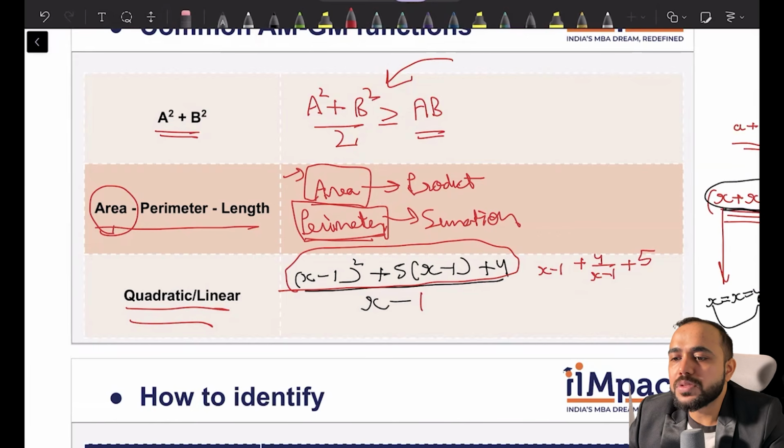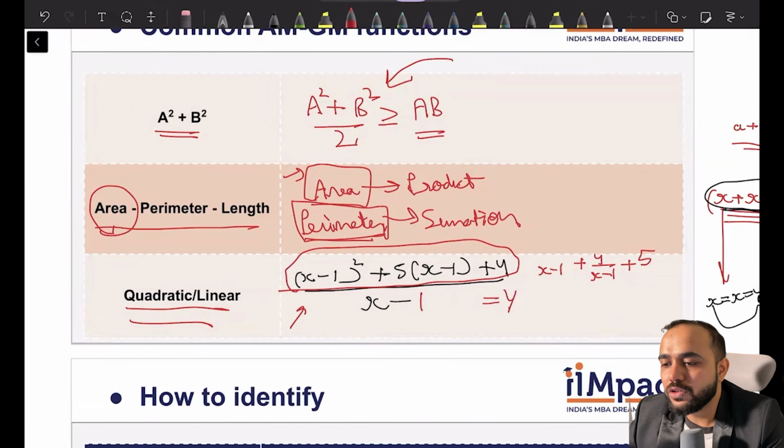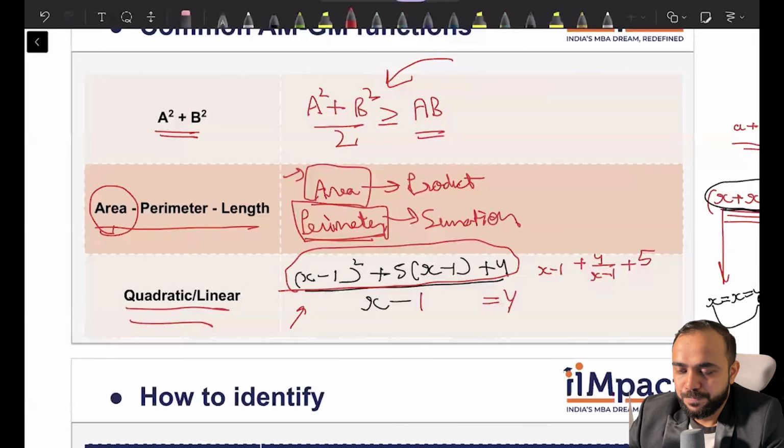It then comes down to you to be able to write it like this, in which scenario you would have probably gone for assuming this entire thing to be equal to y and then play on the discriminant. In that situation, AM-GM would probably not have been too evident. And again, the given caveat which would help you decide should I go for AM-GM or should I go for discriminant is I would have had to give you that x is greater than 1.